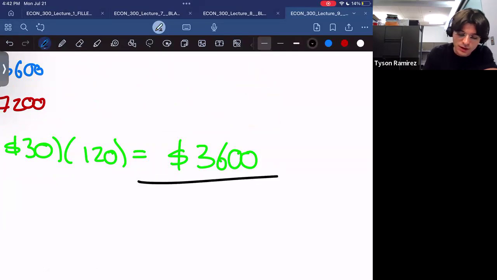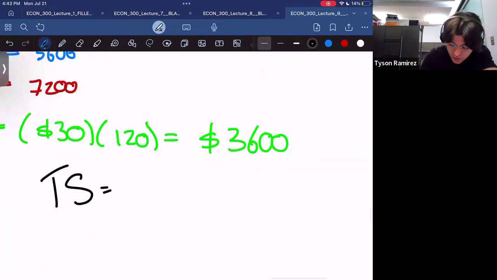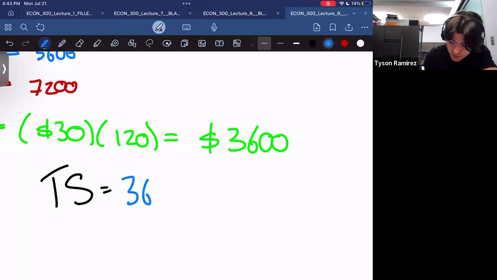We must include this in our total surplus calculation. So total surplus is going to be equal to the consumer surplus plus the producer surplus.